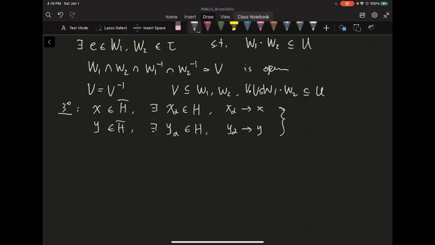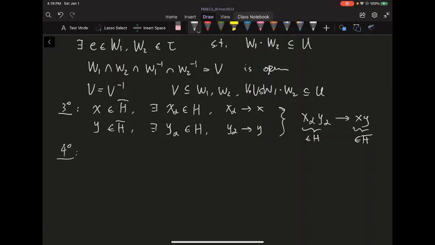Then you take their product, X alpha Y alpha. Because H itself is a group, that's going to be inside H. Your multiplication is continuous, so when you multiply them, that's going to converge to X Y. So this is inside H, so their product is again inside the closure. Okay, so that's kind of trivial.